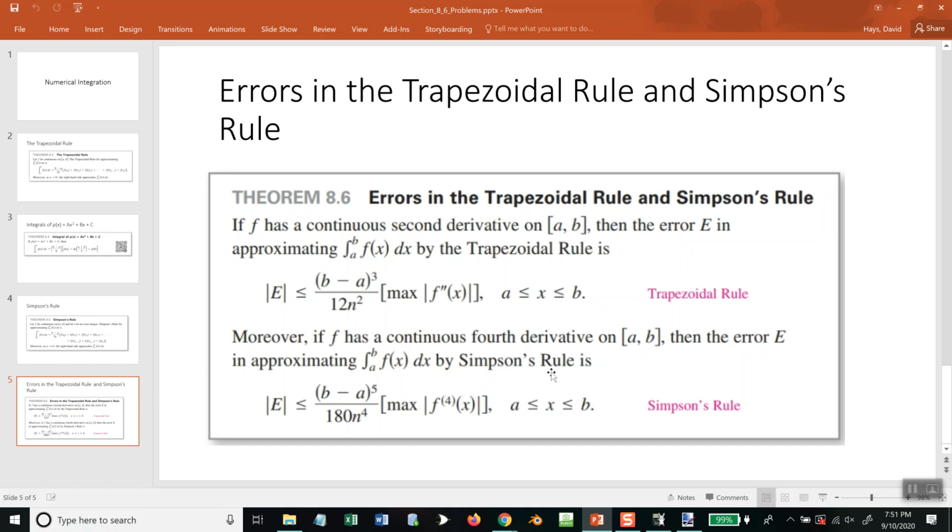Then, for Simpson's rule, the absolute value of E is less than or equal to (b minus a) to the fifth power over 180 n to the fourth times the maximum of your fourth derivative. Well, if you have anything complex, is it very fun to find a fourth derivative? Horrible, isn't it? If you've got something easy like a nice polynomial, then yeah, it works out really nice. But anyway, I'm not going to assign any of those.